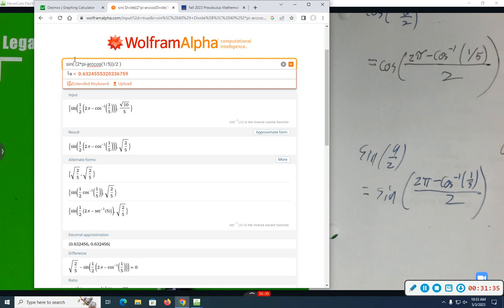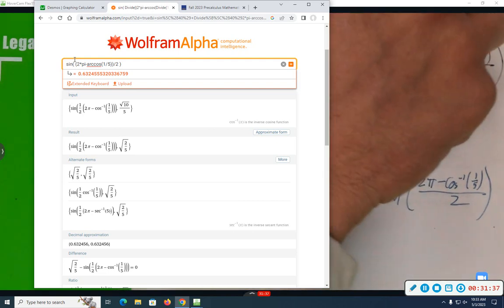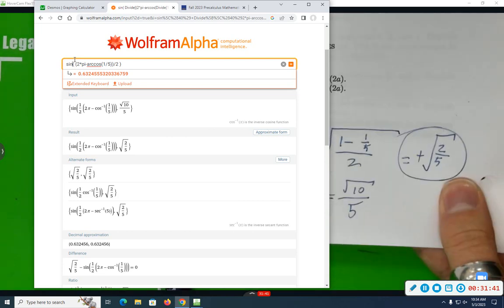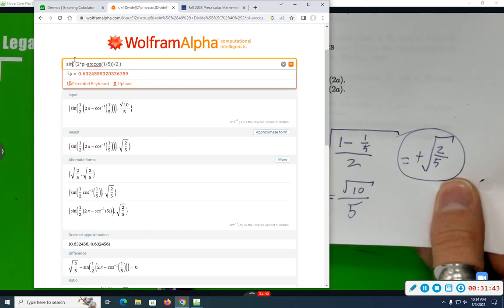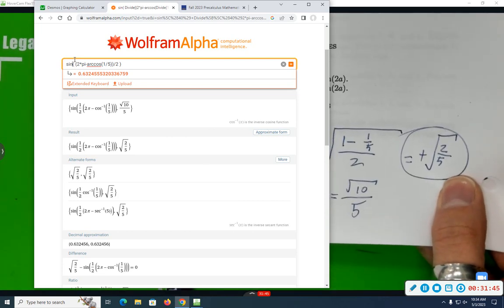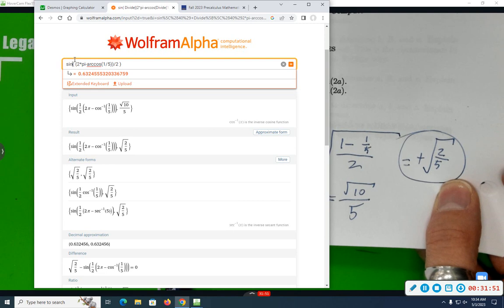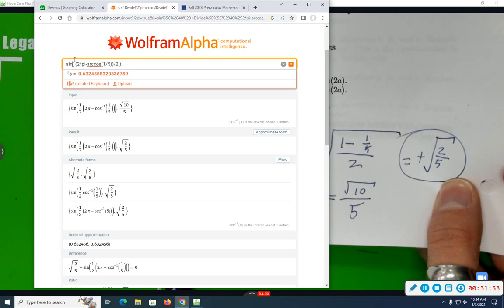And in a perfect world, that agrees with the exact value we got on the previous page. Square root of 2/5, is that about 0.63-ish? Does this mean yes? Okay, I hear some actual yeses.